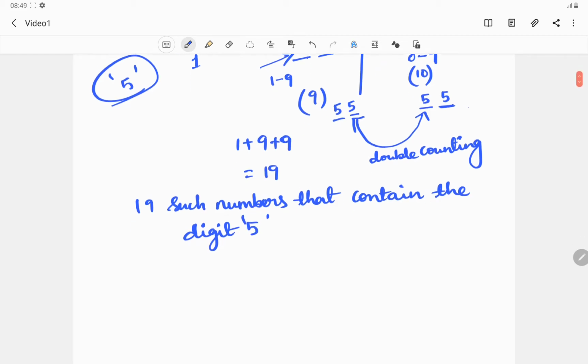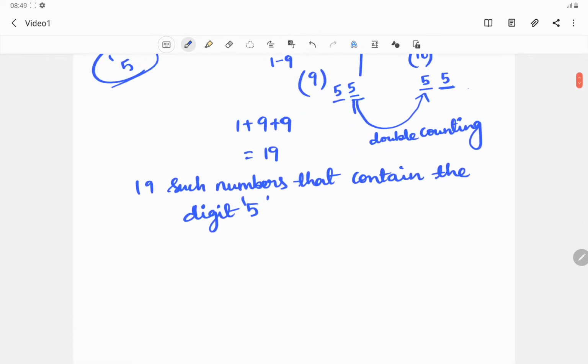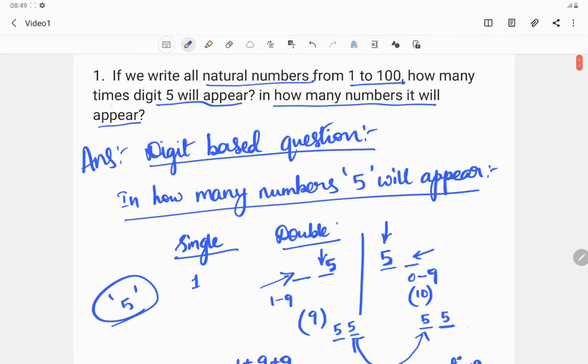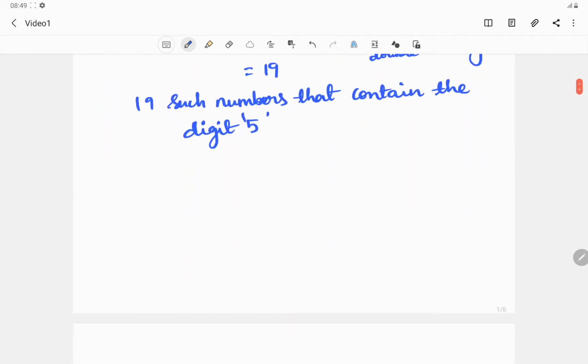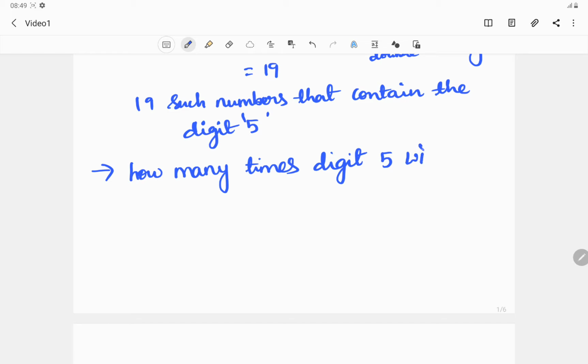Now we will look at the other part of the question: how many times will digit 5 appear?